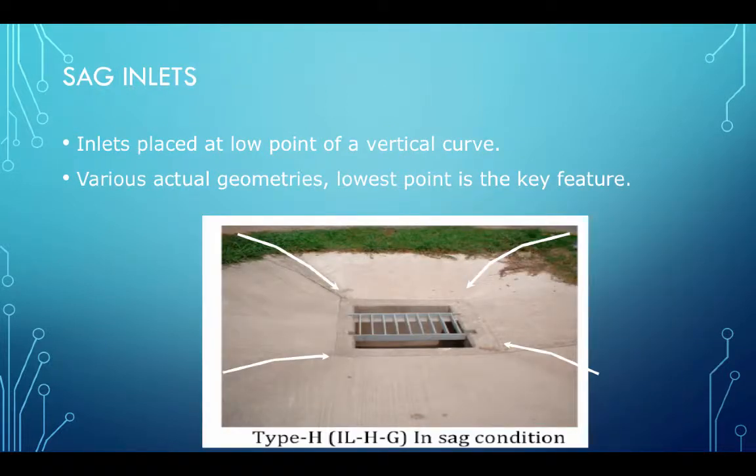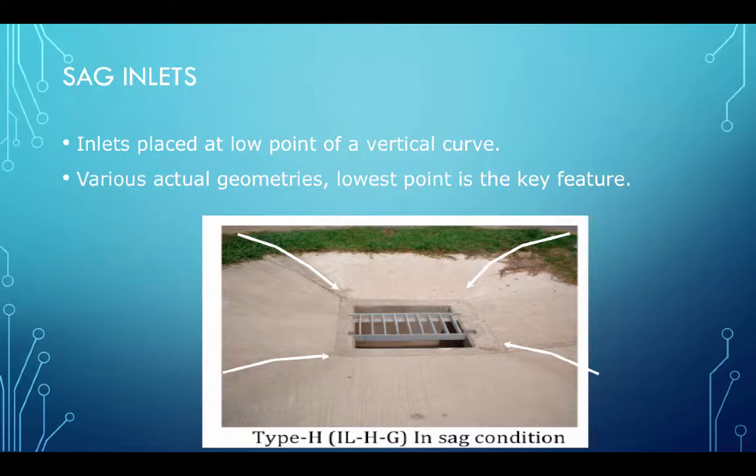The next type of inlet is called a sag inlet, and sag refers to any inlet that's placed in the low point of a vertical curve. There's a lot of different actual geometries. This photograph is of a type H, basically a rectangular hole in the ground that has a vertical drop beneath it to connect into the storm sewer system.